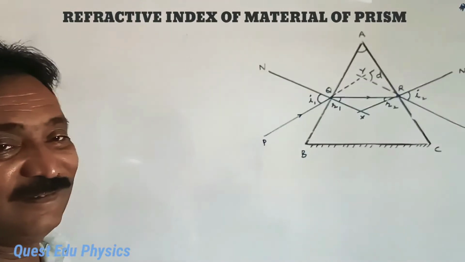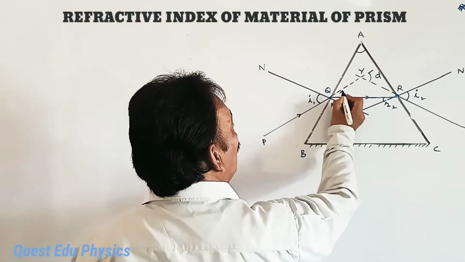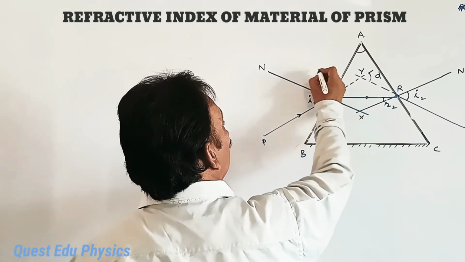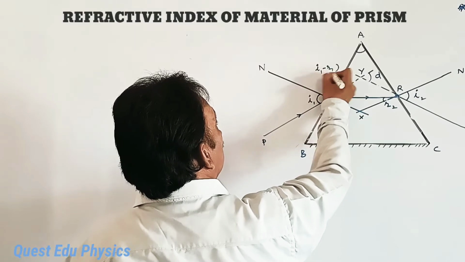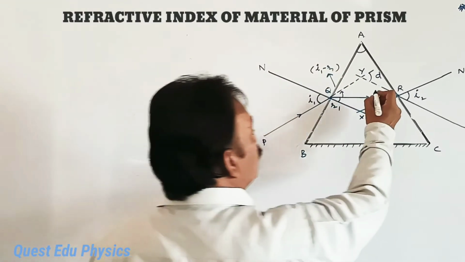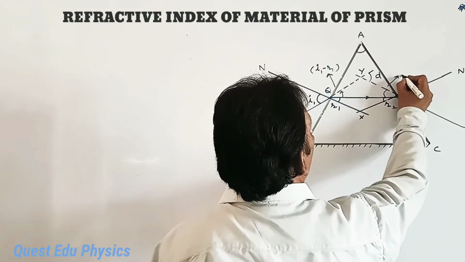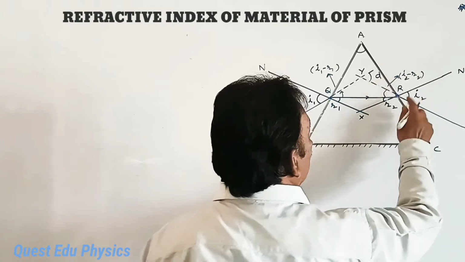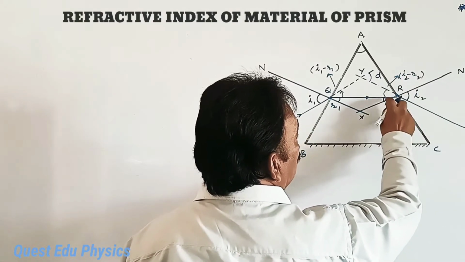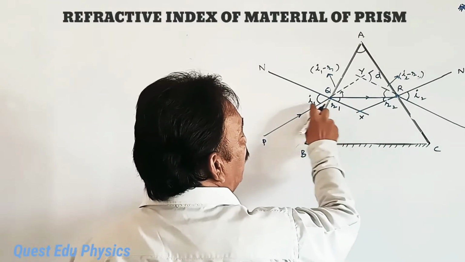Okay, students, if you watch it, this angle might be equal to I1 minus R1, internal opposite angle, students. Here it is I2 minus R2. I hope you understood. This part is I2 and R2, and it is I2 minus R2. Here it is R1, it is I1.